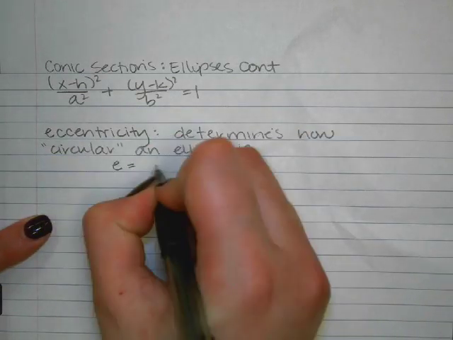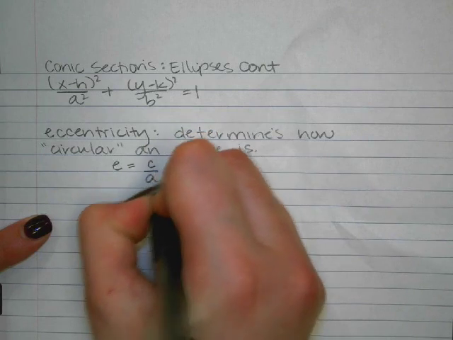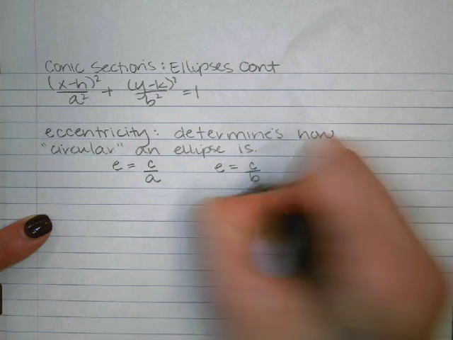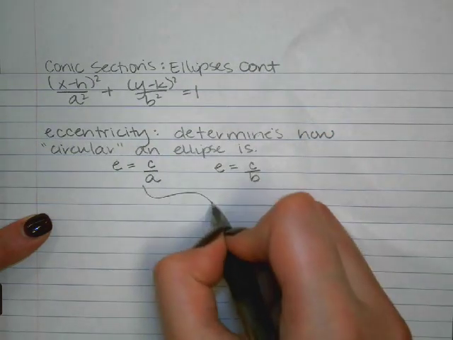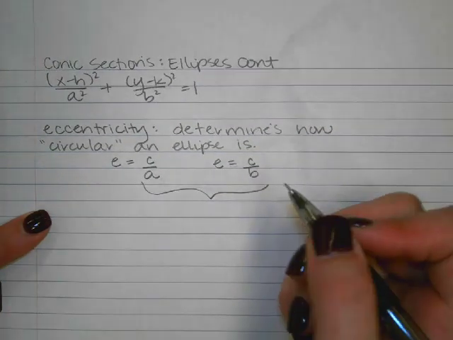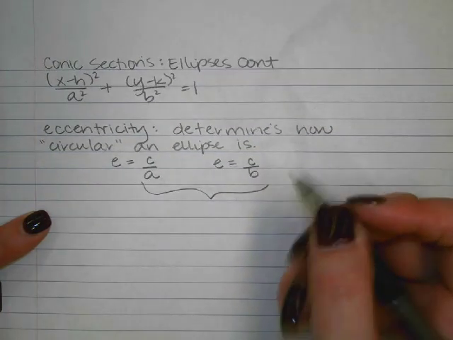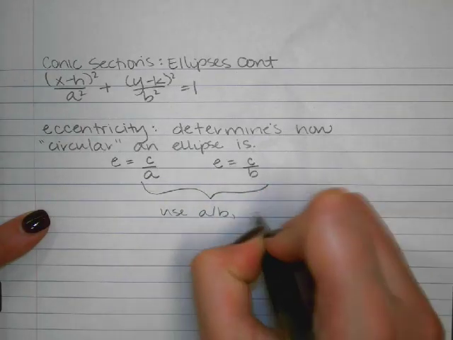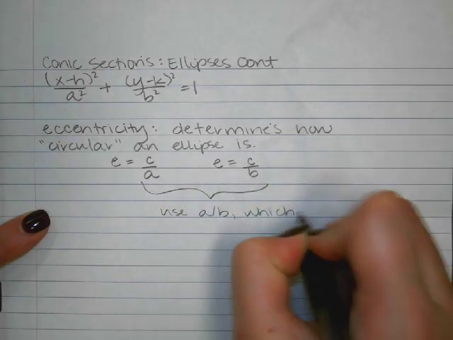One is E equals C divided by A. The other is E equals C divided by B. And we know which one to use based on whichever one is bigger in the problem. So use A or B, whichever is bigger.